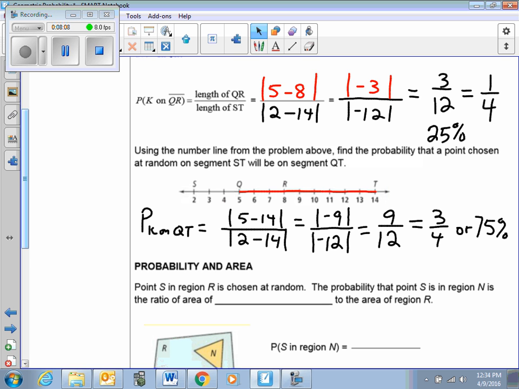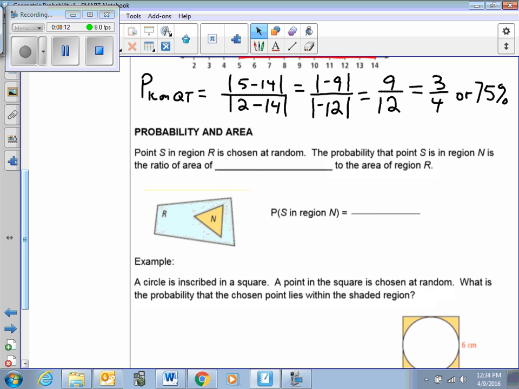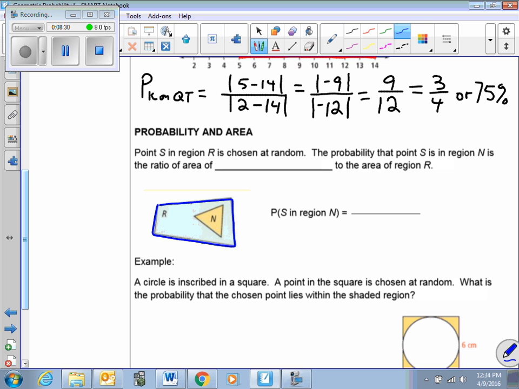Okay, what we'll do most of in this unit though, in this little section, is talk about area, because that's what our whole unit of study has been on. So when we talk about area, we're going to do pretty much the same thing. So I got this region R, and I want to know if I randomly choose a point S, what is the probability that it will be in this region N?